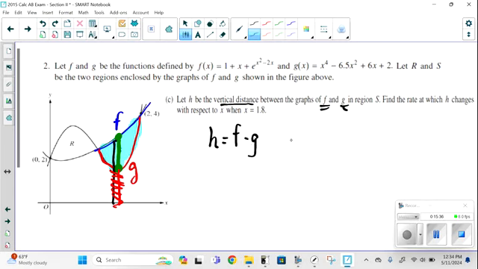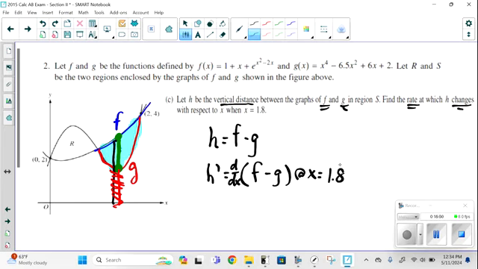If they want me to find the rate at which H changes, I really just need H prime. Which means I got to take F minus G and take the derivative of that, at an x value of 1.8.